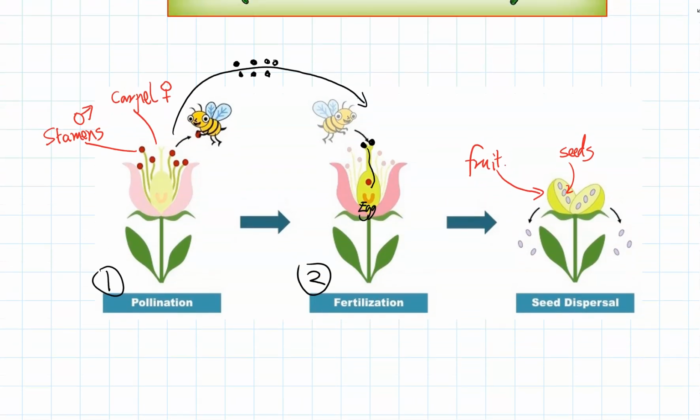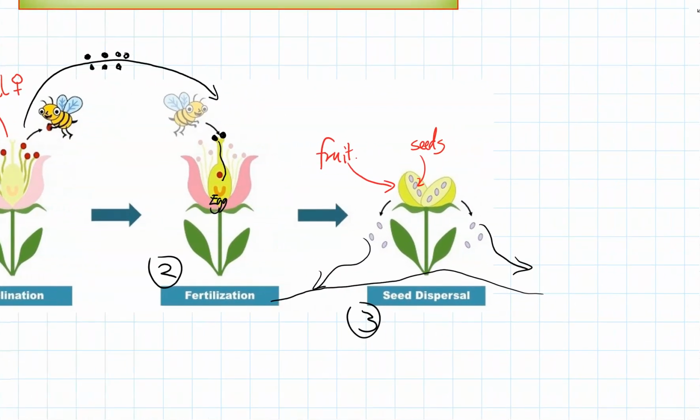So once the fruit and the seeds are mature, then they fall off the plant or they get eaten by an animal and the seeds disperse everywhere on the ground nearby the plant. And we call that seed dispersal, which is the third stage. And then just like for spores, those seeds are going to hit the ground somewhere.